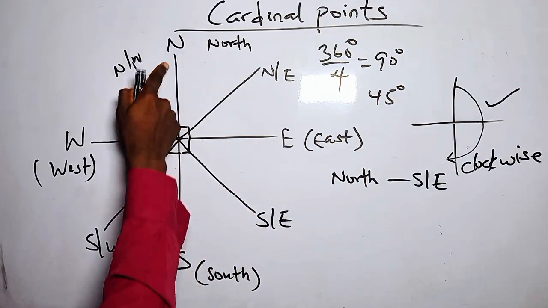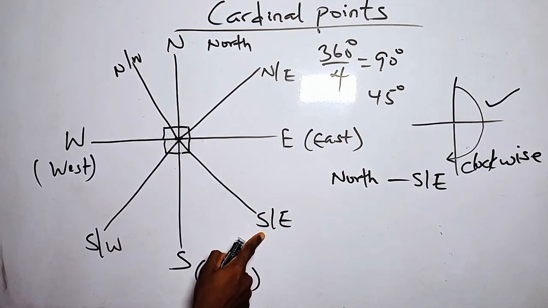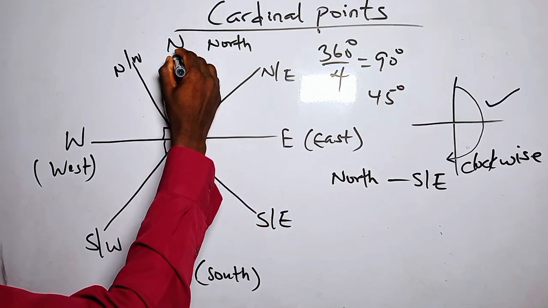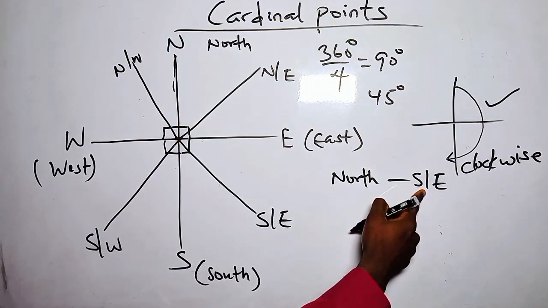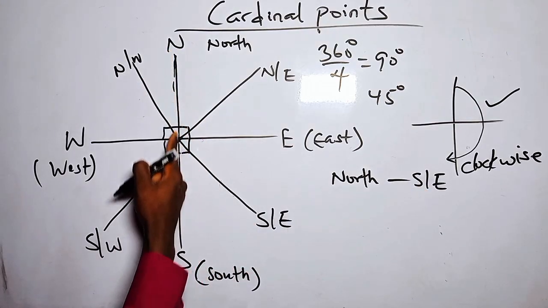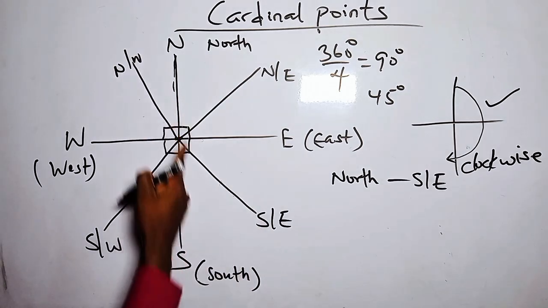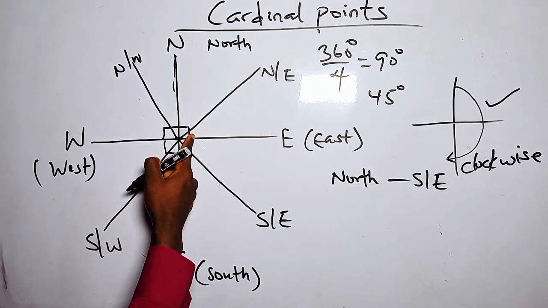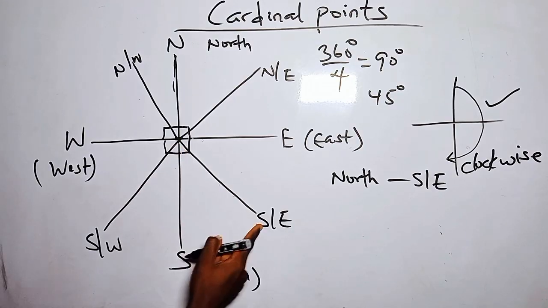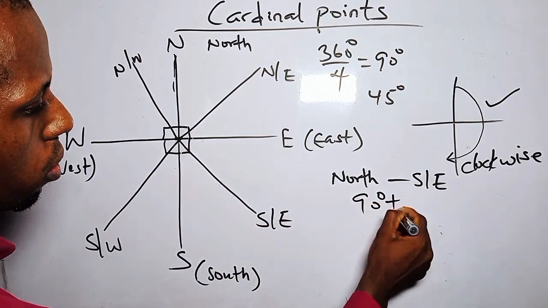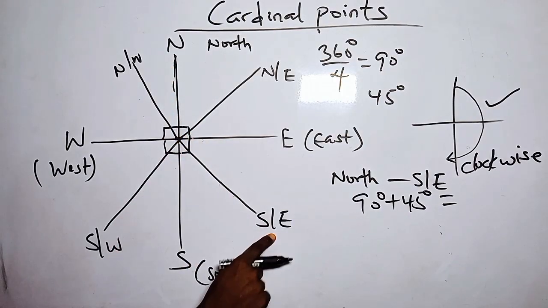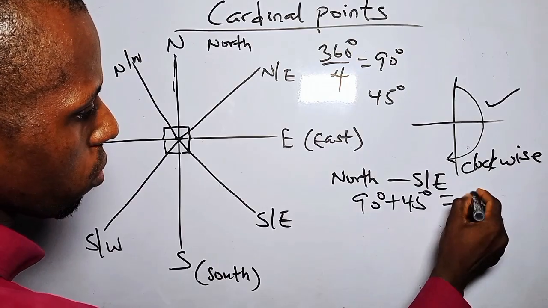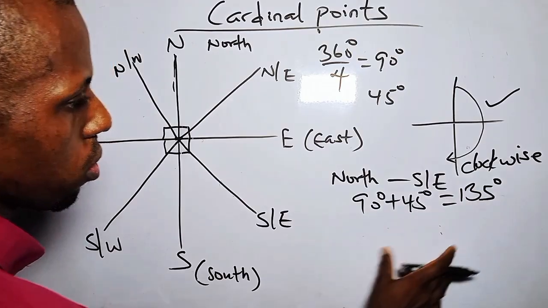So to know the angle from north to southeast, you have to figure out the total angle between here and here, because we are ending at southeast. From here to here is 90, and we are adding an extra 45. So we say 90 degrees plus 45 degrees, and here we have 135 degrees.